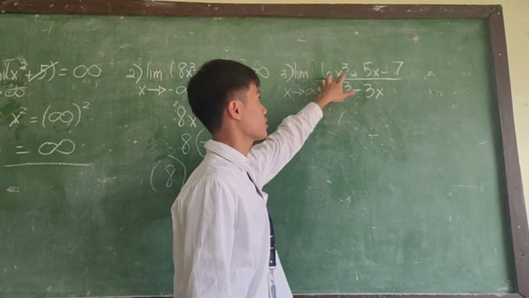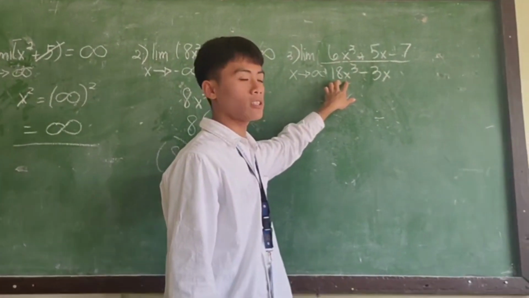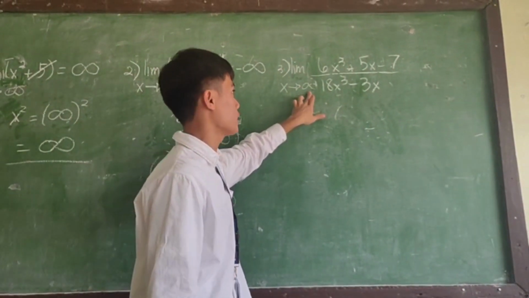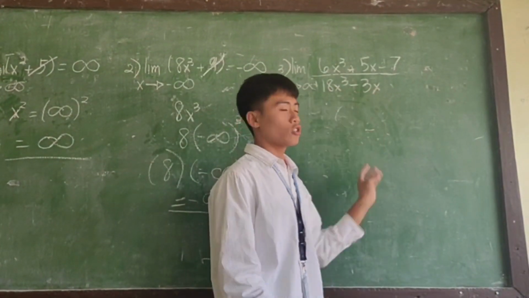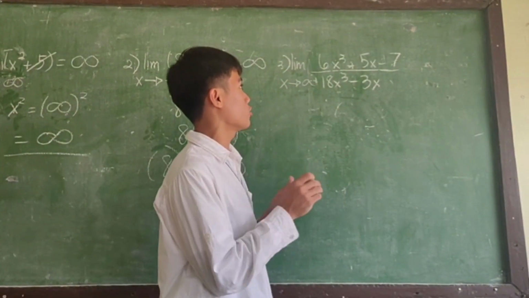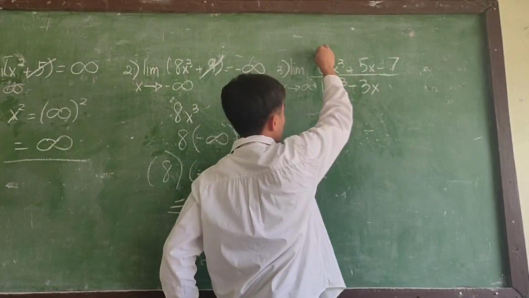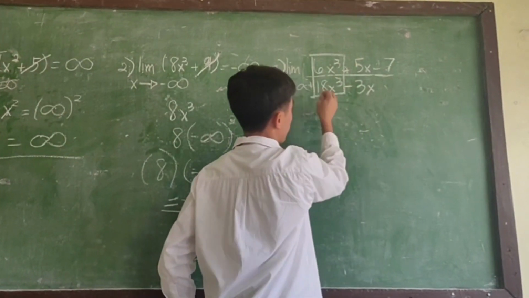Limit of 6x cubed plus 5x minus 7 over 18x cubed minus 3x as x approaches to positive infinity. So kung nakikita nyo guys, naka-over na siya. So ang gagawin natin dyan is, hahanapin natin yung dalawang pinakataas na value which is the 6x cubed and 18x cubed.